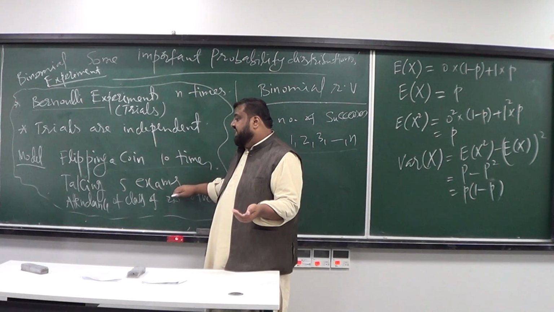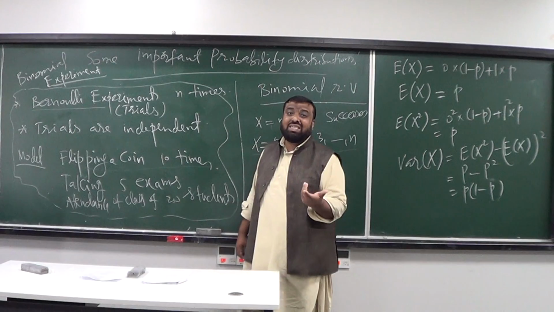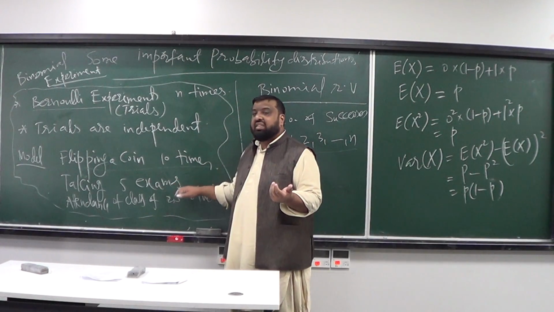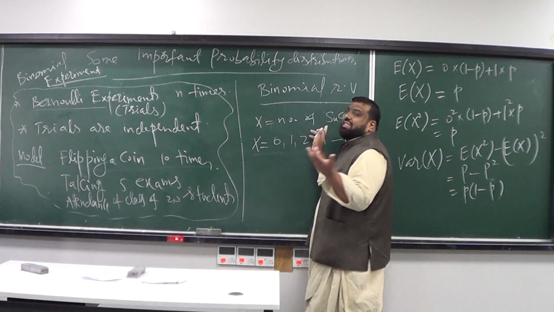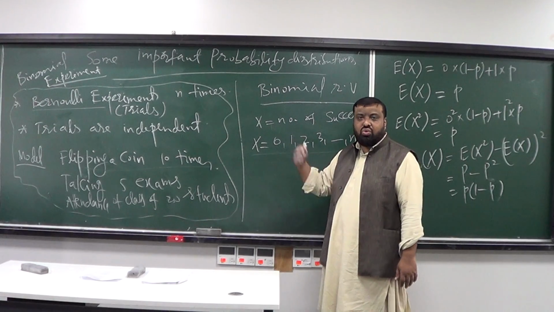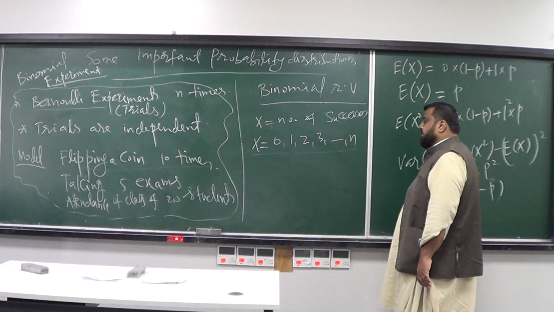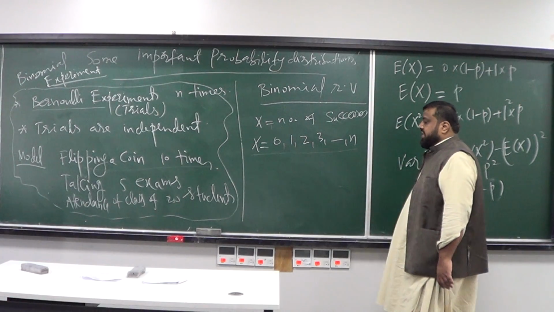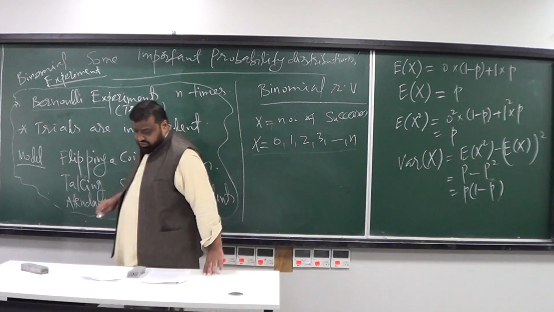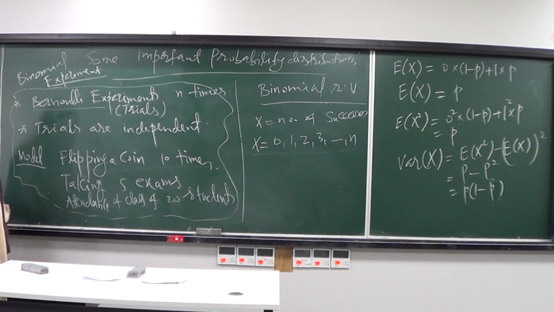If you associate your success with passing an exam, then the random variable that represents the number of passed subjects could be 0, 1, 2 or all 5, and so on and so forth. So that's a binomial random variable. We'll do some examples of how it models different kinds of situations.